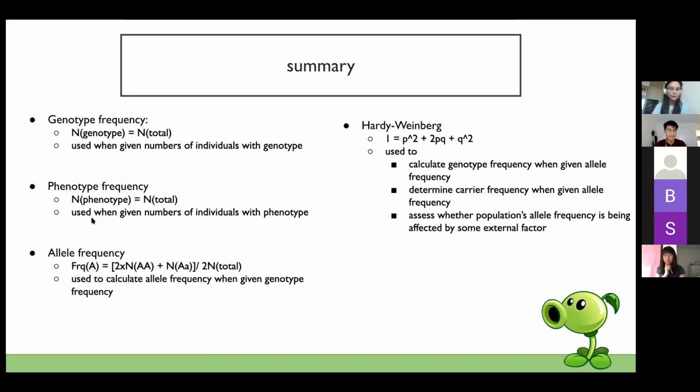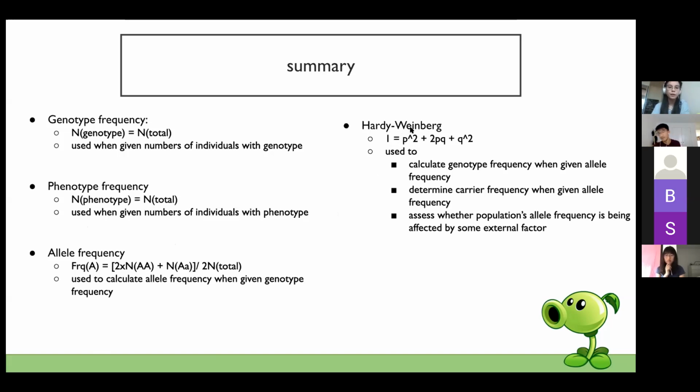And what does the 1 symbolize in the Hardy-Weinberg equation? Because these are the different genotype frequencies within a population, each of these will come out to be a fraction of the population, like what percentage of the population has this particular genotype.